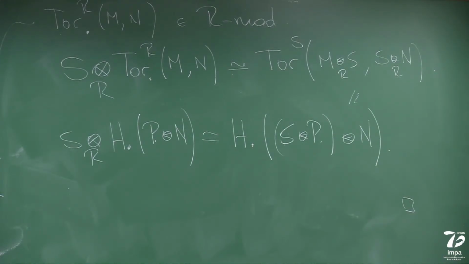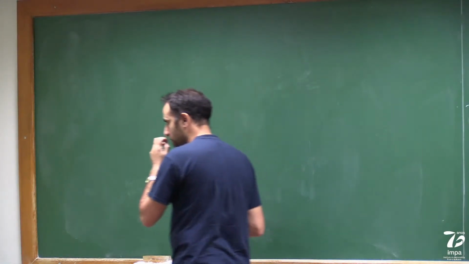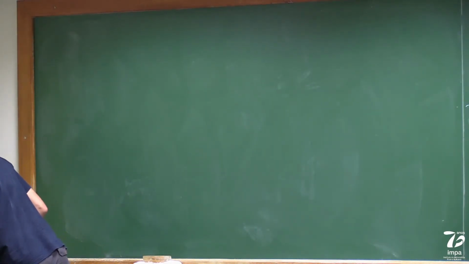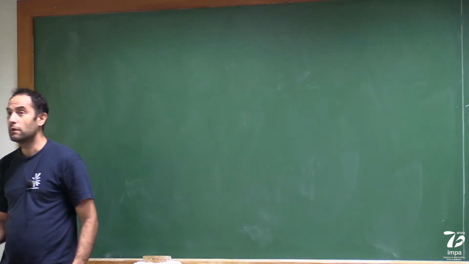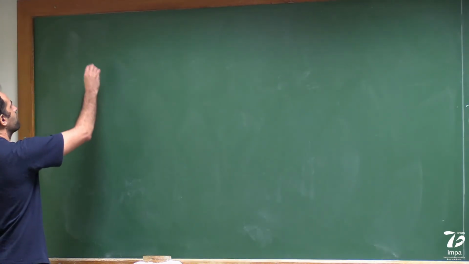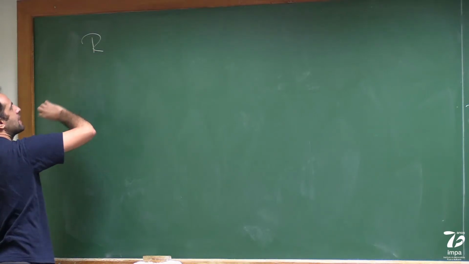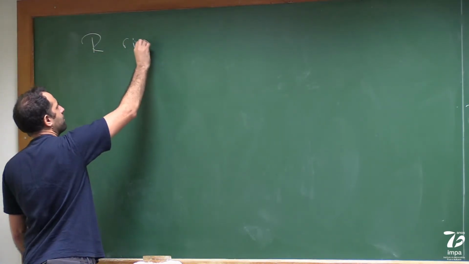What am I missing? Okay, yeah, something I said before. It's localization. All right, so localization. Let's suppose that you have a ring R. R is a ring.